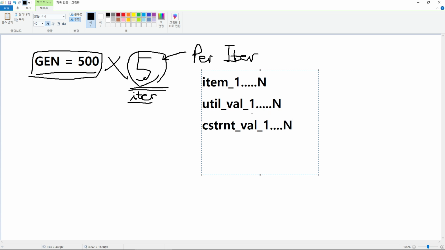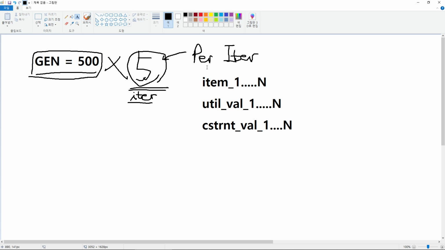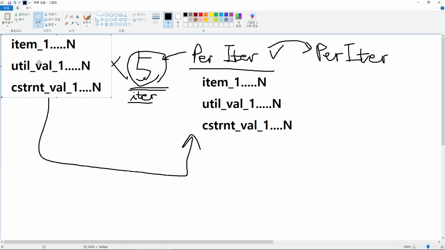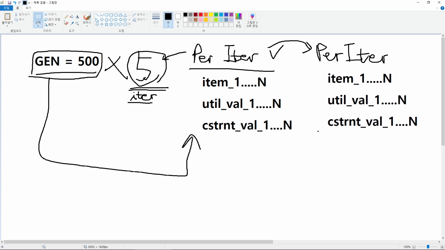That will be done per iteration, and when the 500 generations is over, we go on to the next iteration, and then we generate again.